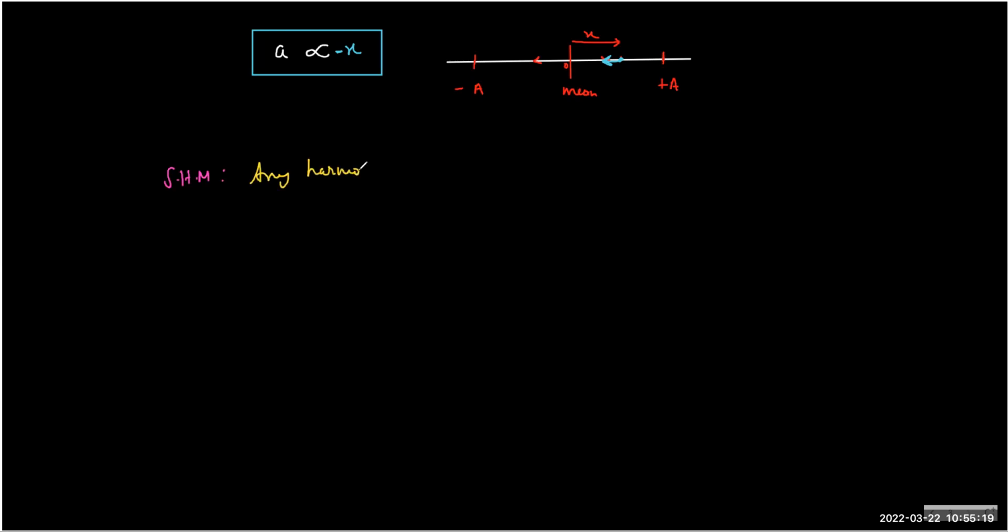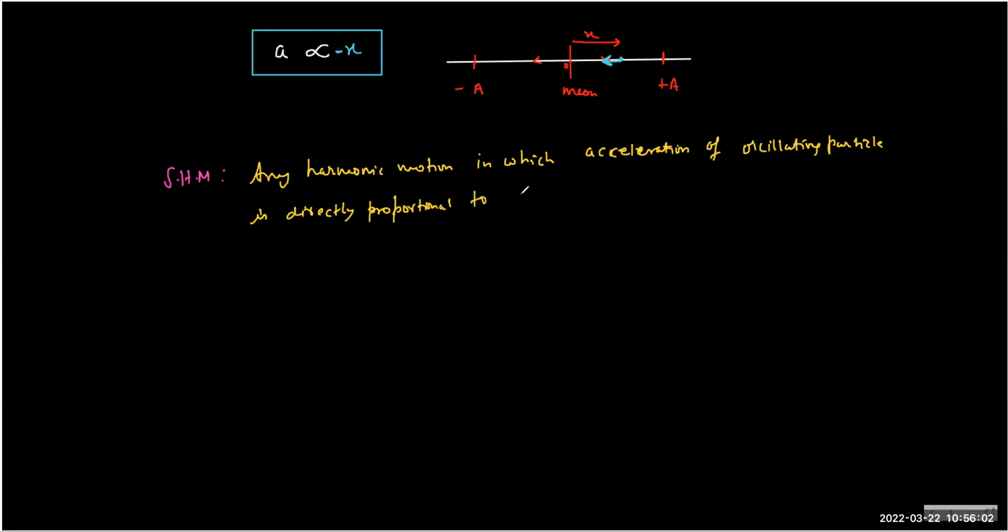First, harmonic motion is a must criterion, in which the acceleration of the oscillating particle is directly proportional to the displacement with respect to the mean position, like where you were stationary or at rest.